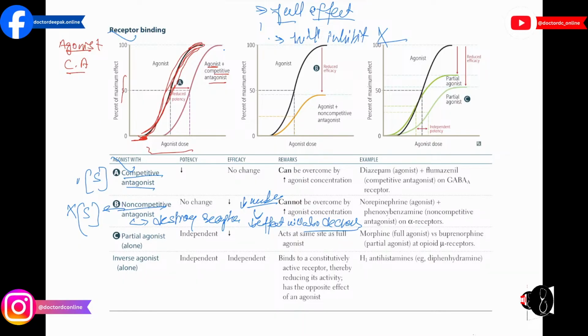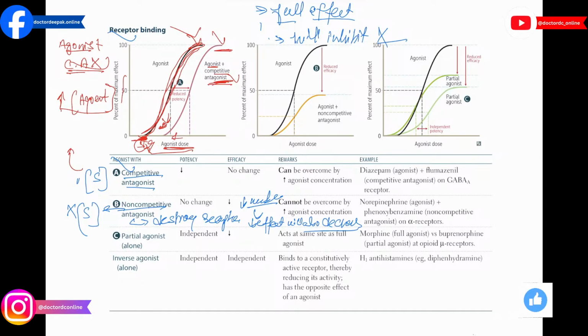When the concentration of the agonist increases, the competitive inhibitor will be knocked out, and you will again get the same effect as the agonist was giving, but at a different dose. Before giving the antagonist, we got the maximum effect at 5 grams, but after giving the antagonist, we get the same effect at 10 grams.